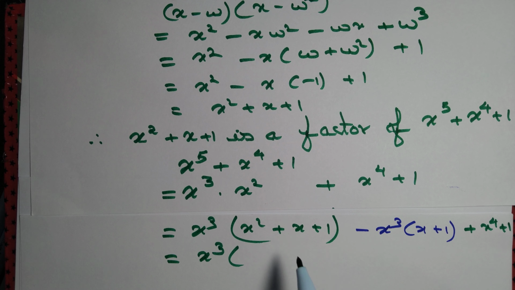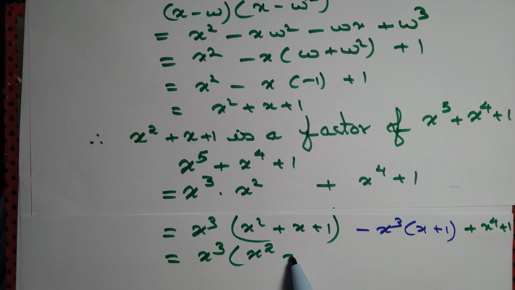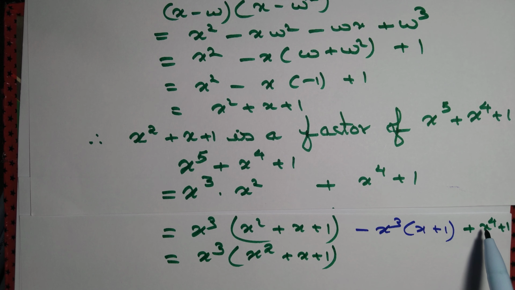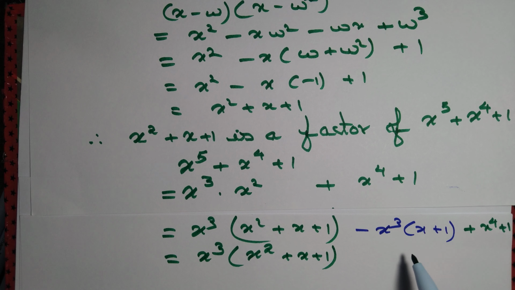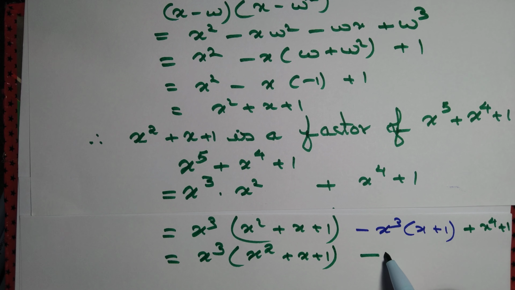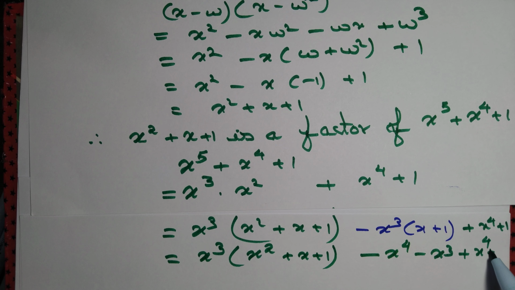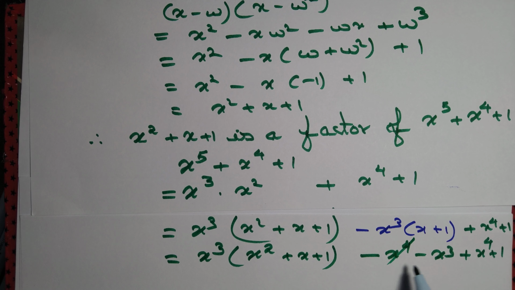We see that x squared plus x plus 1 is a factor of this expression. What about the rest? Minus x to the power 4 minus x cubed plus x to the power 4 plus 1. x to the power 4 gets cancelled.